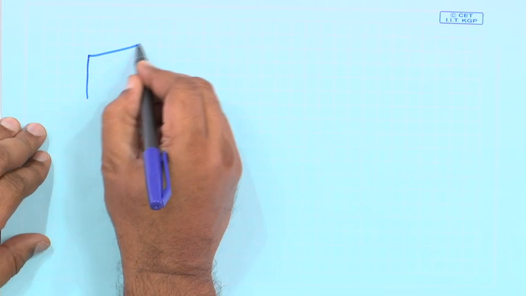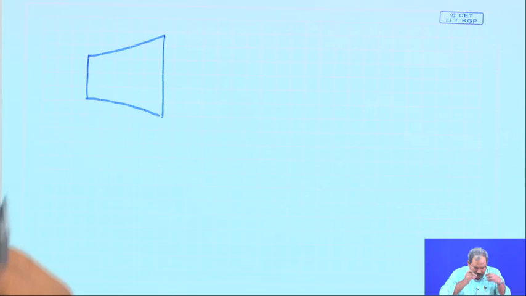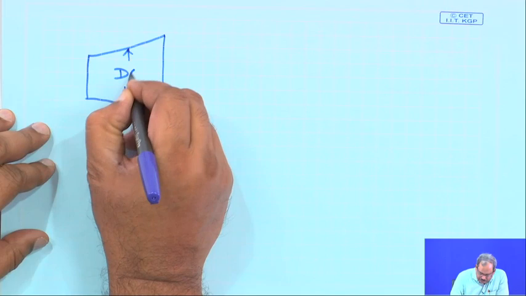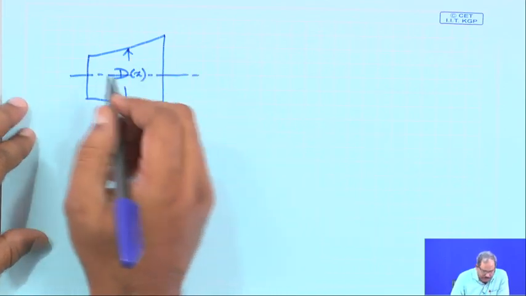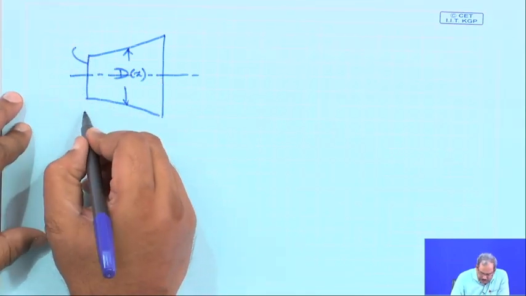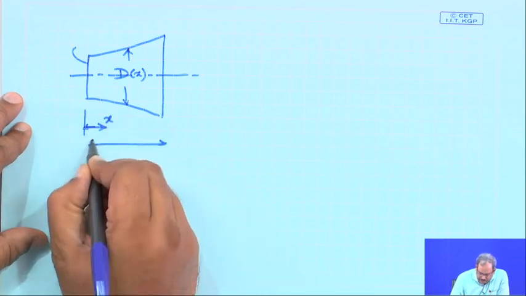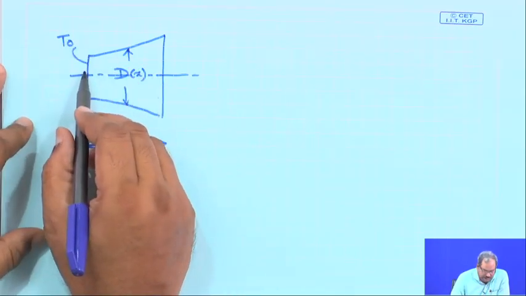So, the practice problem that I am going to give you: there is a fin of this shape, where the diameter of the fin is a function of x. This is x, and the entire length is L. T0 is the temperature at this end.